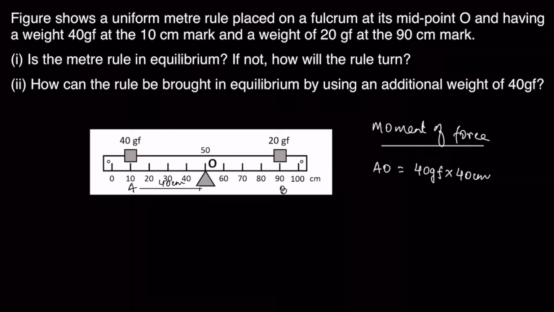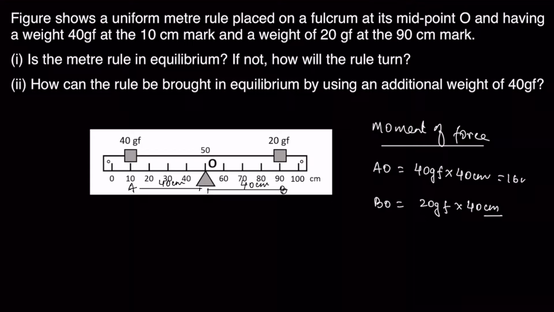What is the moment of force for BO? 20 gf into the distance, here 40 centimeter. So it is coming as 1600 gf centimeter, and this is 800 gf centimeter.